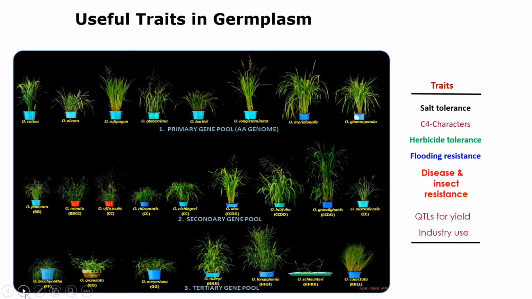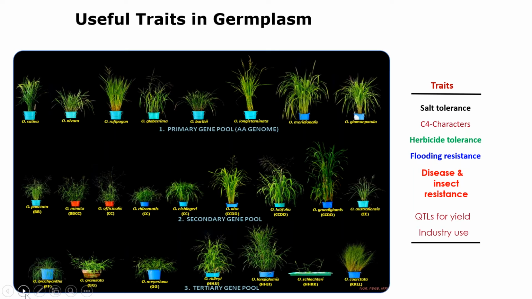I want to say there are a lot of novel traits in every germplasm. Here, this is a wild rice germplasm, which has been divided into different gene pools: primary gene pool, secondary gene pool, and tertiary gene pool. And this has been divided based on their sequence similarity to the cultivated genome.